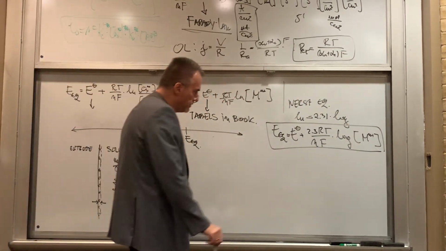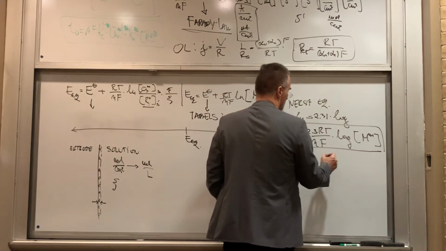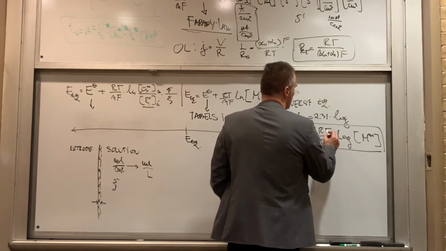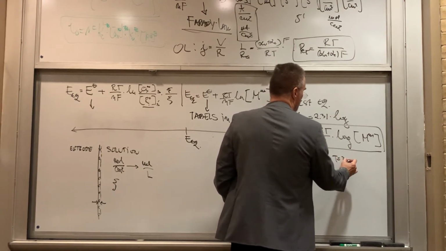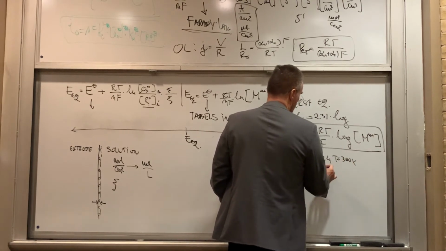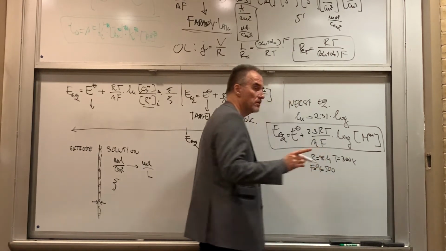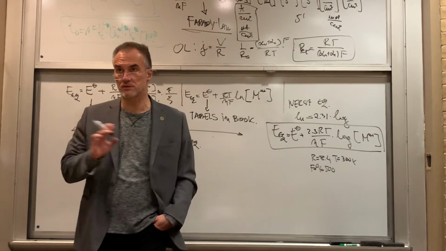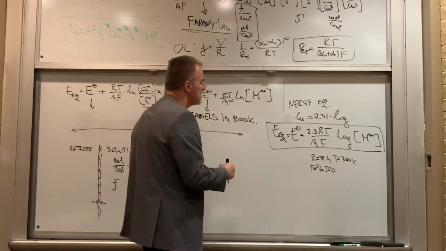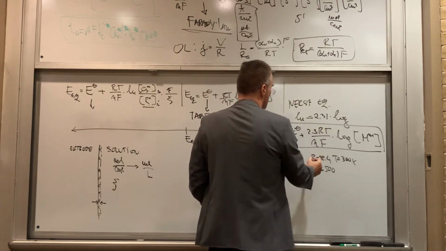What is really important for you is to appreciate that R is 8.314, T is about 300 kelvins roughly, the Faraday constant is 96,500 coulombs, and n is the number of electrons transferred across the interface for every ion that is discharged.